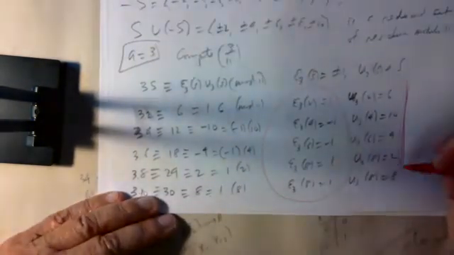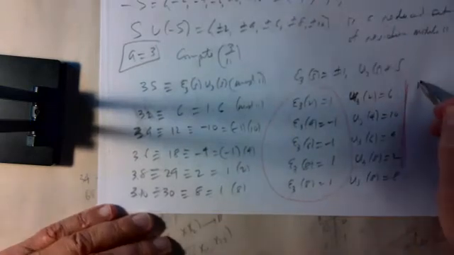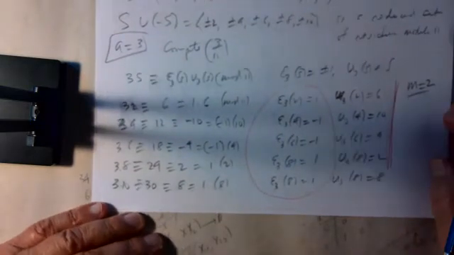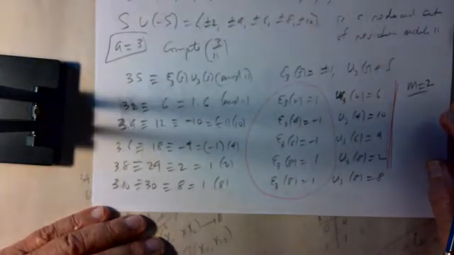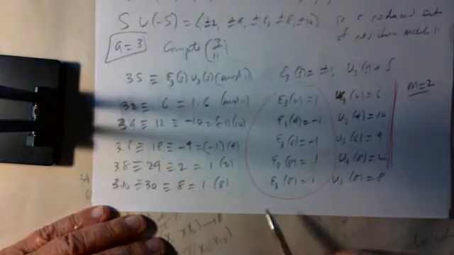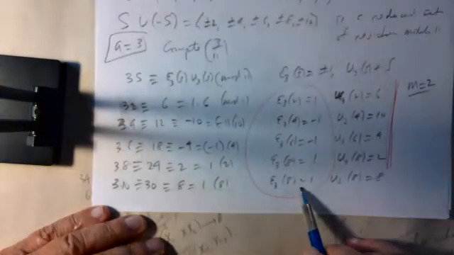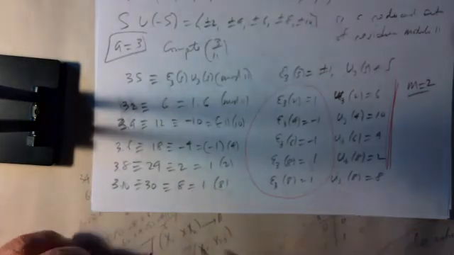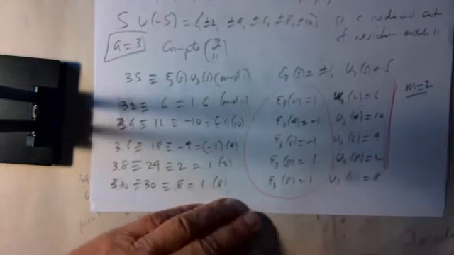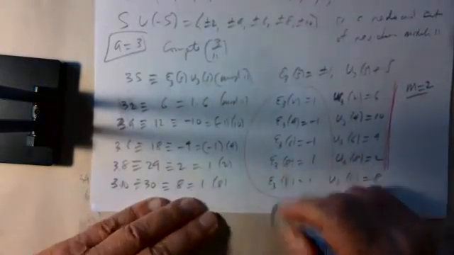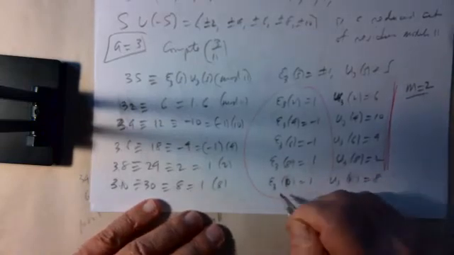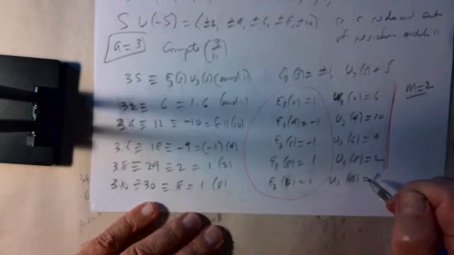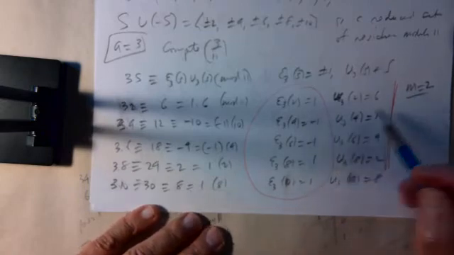Student: The last one should be epsilon sub 3 of 10 equals 1 and u sub 3 of 10 equals 8? Yes, thank you. Epsilon sub 3 of 10 is 1, and u sub 3 of 10 is 8. M is the number of minus ones. There are two of them.